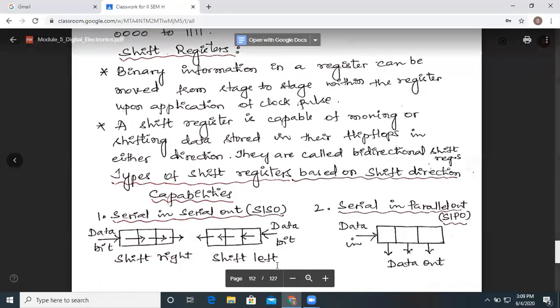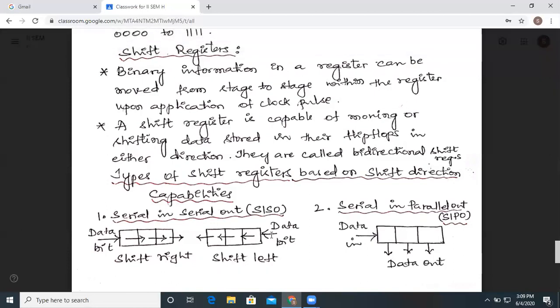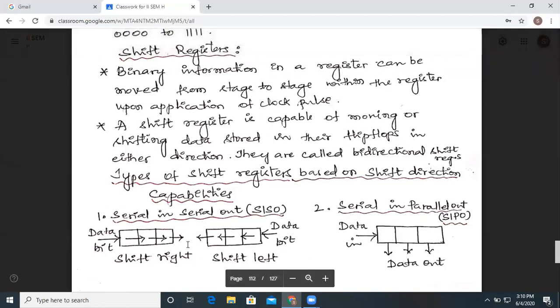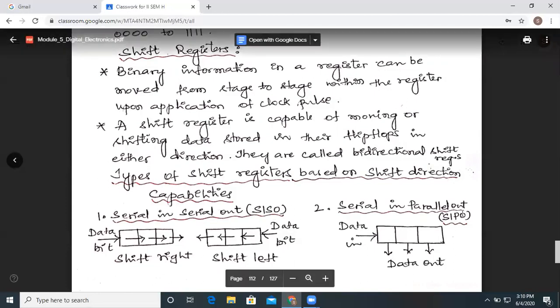There is one more example in which data is fed from this side and it moves towards the left and comes out of the last flip-flop over here. This kind of shift, by the name, we could say is a left shift. In this case, data is fed serially and it is taken out serially. This operation is called serial in, serial out operation.